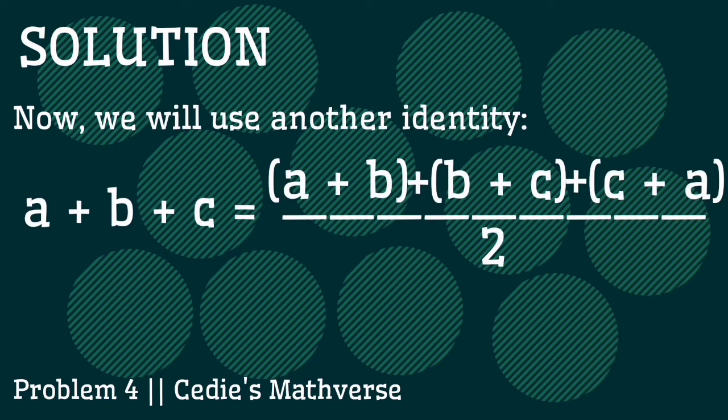Now, we will utilize another identity mga ka-Mathverse. This identity states that A plus B plus C is equivalent to the quantity A plus B plus the quantity B plus C plus the quantity C plus A all over 2.